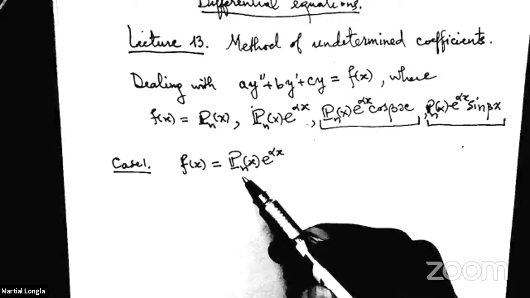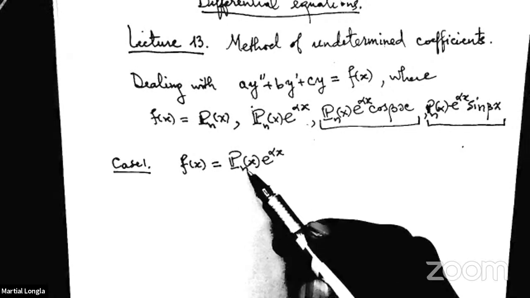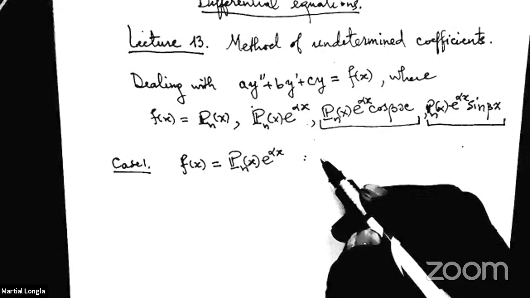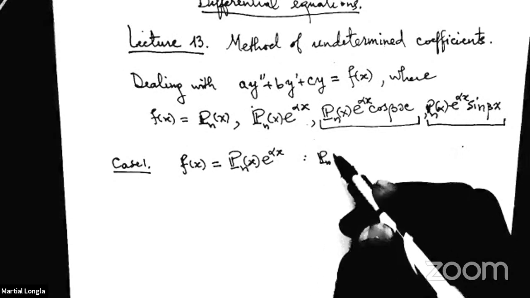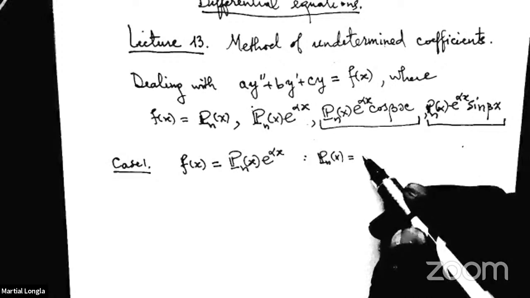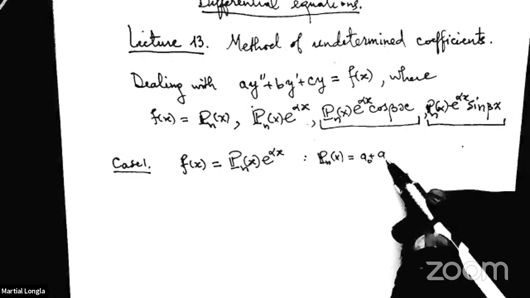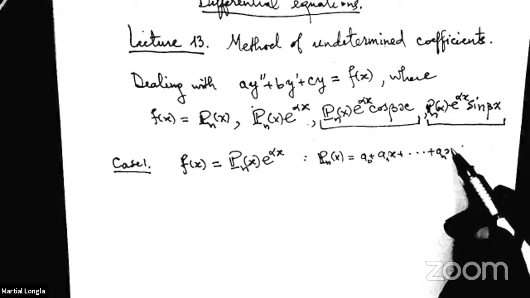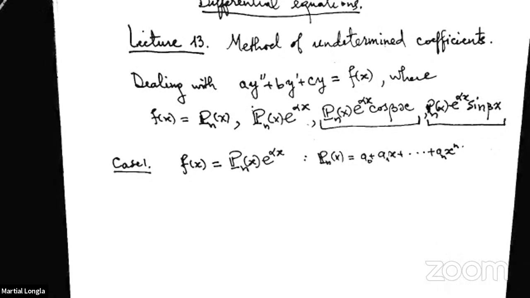A polynomial of degree n, which is Pn of x equals a0 plus a1 x all the way up to an x to the power n. That's what it means, a polynomial of degree n. Any polynomial of that form.